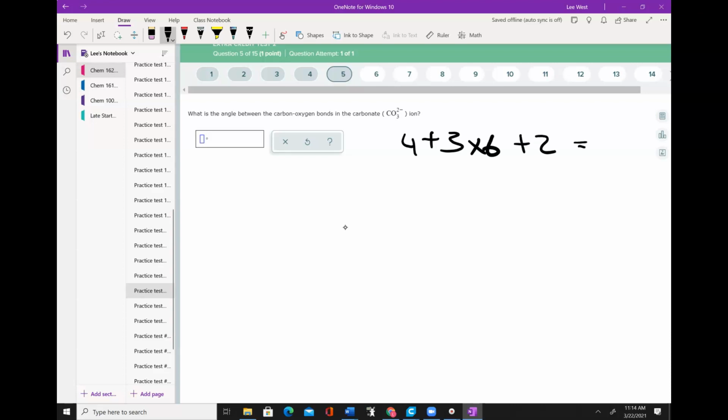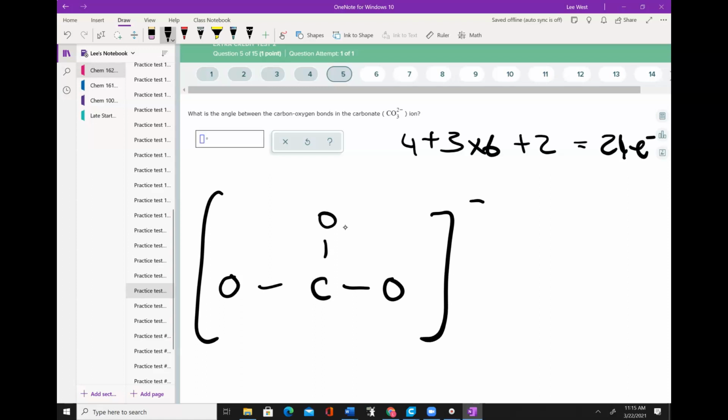So that's going to give me 3 times 6 is 18, plus 2 is 20, plus 4 is 24 electrons. So we go, and as I said, carbon goes in the middle with the oxygens on the outside. Don't forget to write in the charge. So to get the basic structure, we've used up 6 electrons, and that leaves 18 remaining. And now we're going to complete our lone pairs.